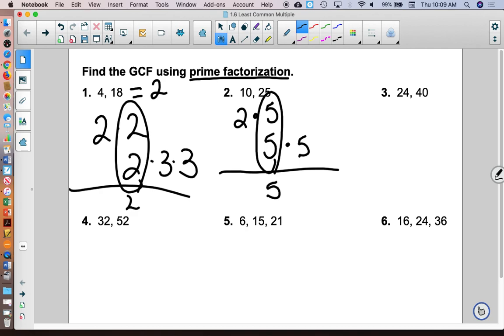When you got it done for 24, do it for 40 also. That's not prime factorization. Neither one of those. You have to write the prime factorization. That part you have to do. I did it. Yes.